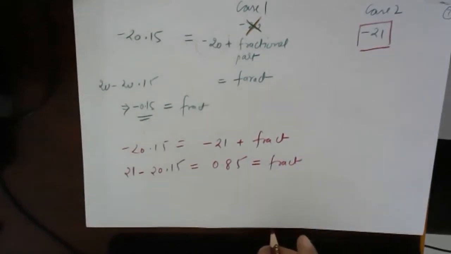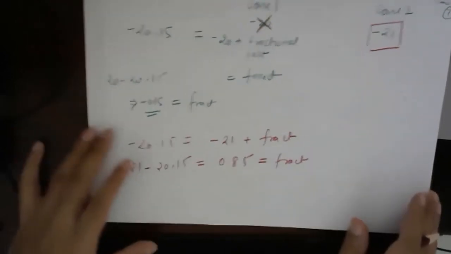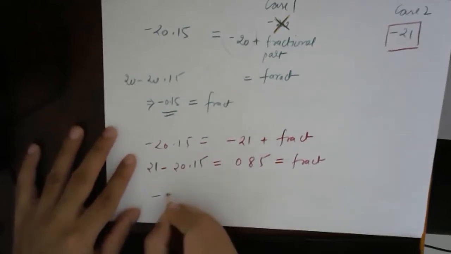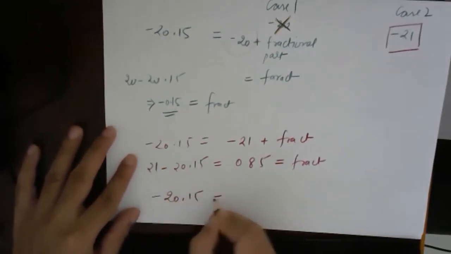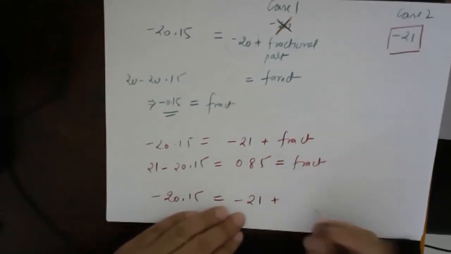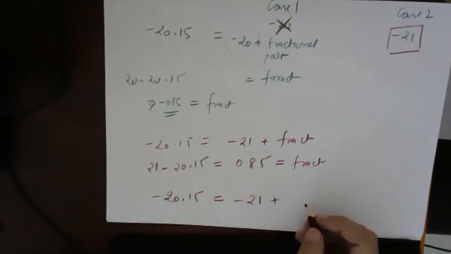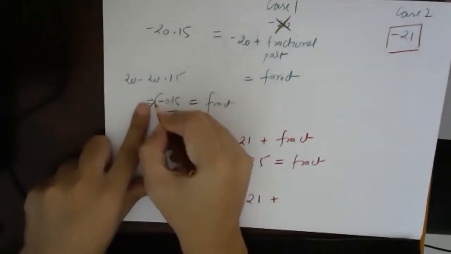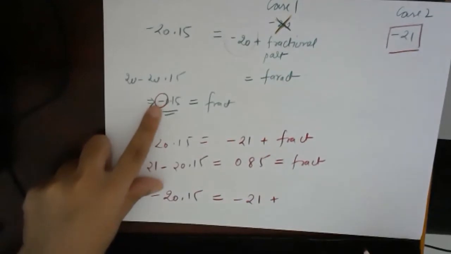This is function, Chapter 2 of your NCERT. So minus 20.15 I can write as minus 21 plus 0.85. Why is minus 0.15 not valid? Because minus 0.15 is less than 0.